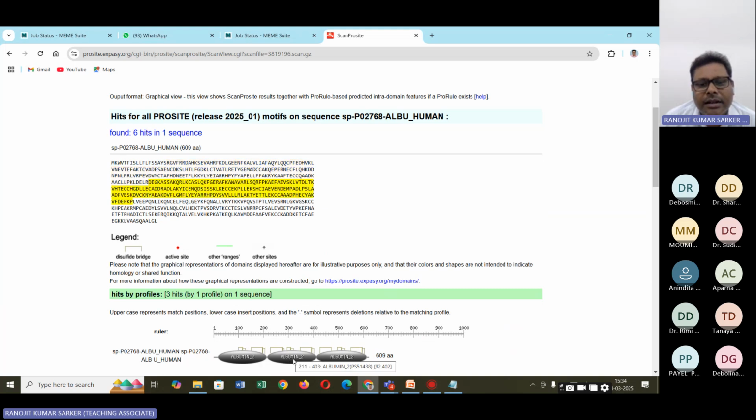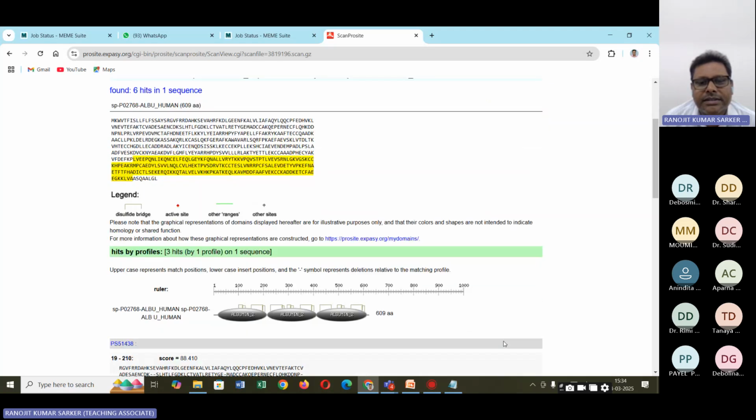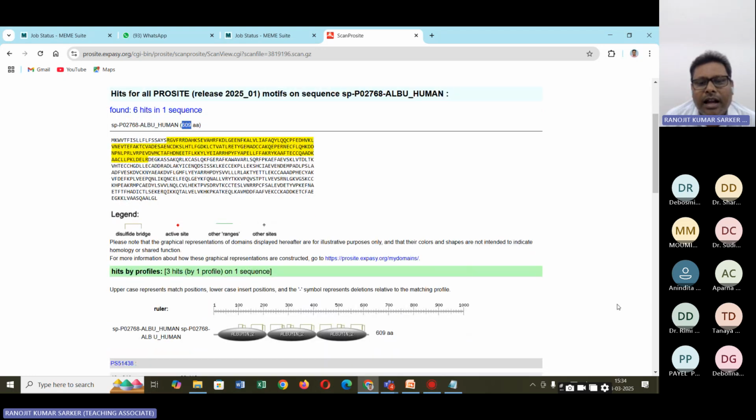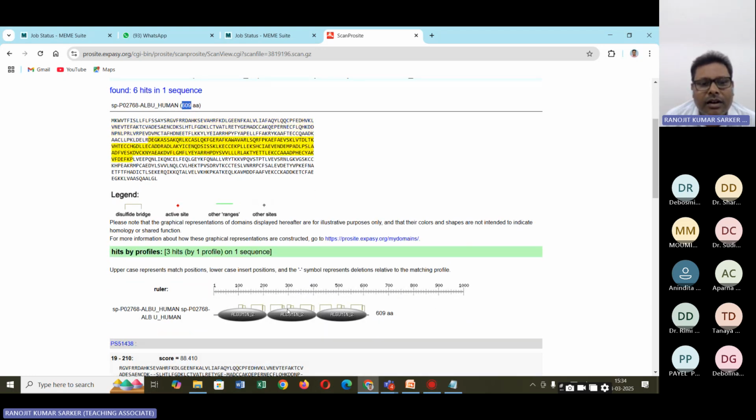This is the second domain and this is the third domain, so it has predicted three domains. This is the scale; you can see the ruler, 1 to 1000. The sequence is 609 amino acids long.